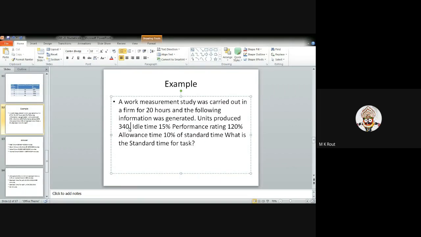Allowances time is given 10% of standard time. What is the standard time for the task? Try to calculate.